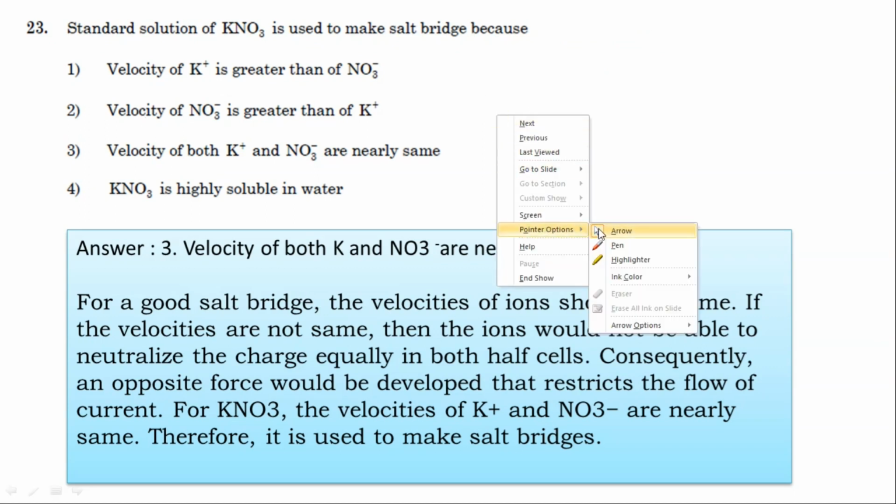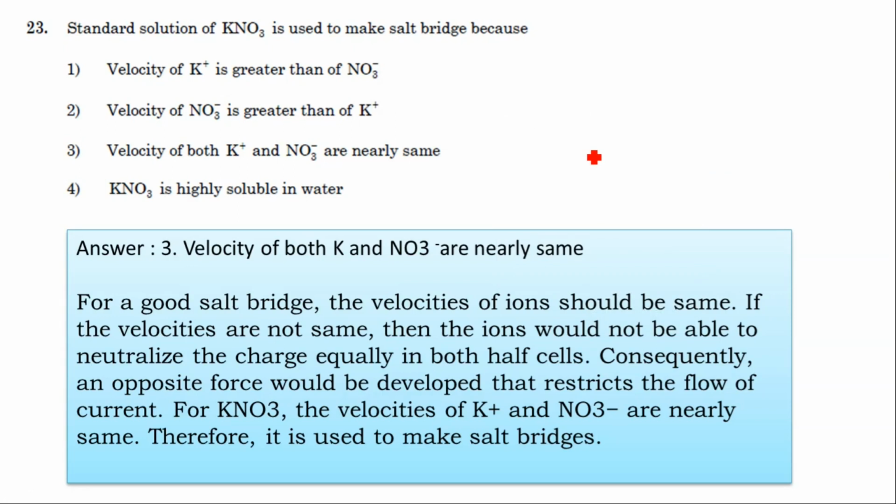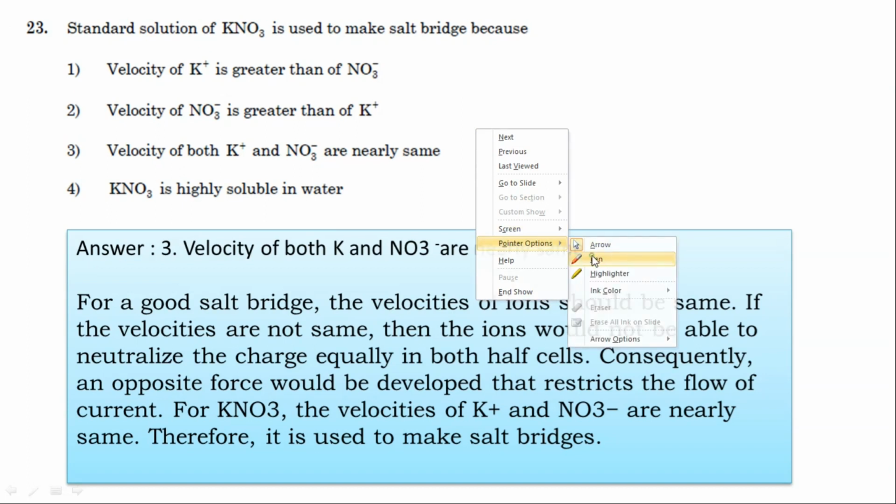A standard solution of potassium nitrate is used to make a salt bridge because: the velocity of K plus is greater than NO3; the velocity of NO3 is greater than K plus; the velocity of both K plus and NO3 are nearly the same; KNO3 is highly soluble in water. For a good salt bridge, the velocity of the ions should be the same.